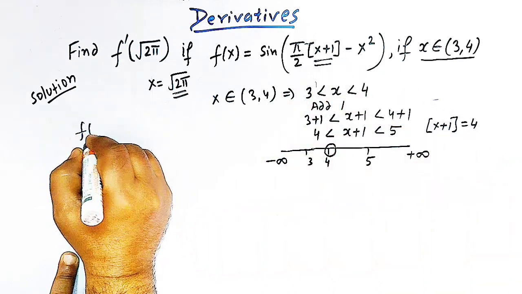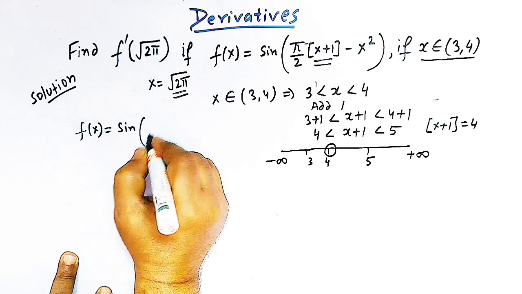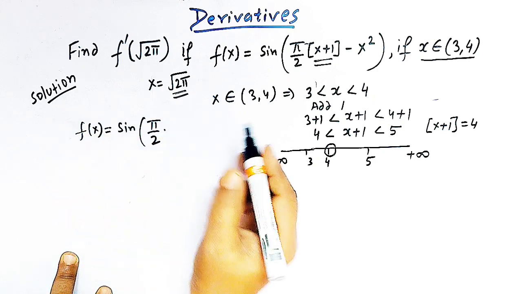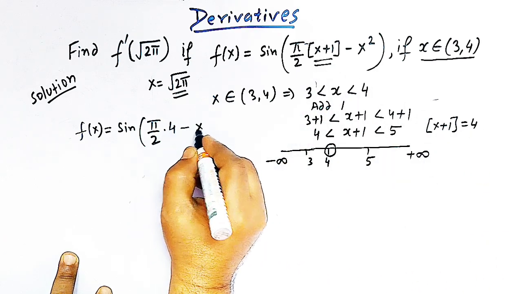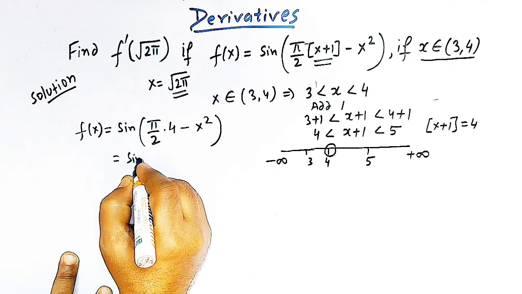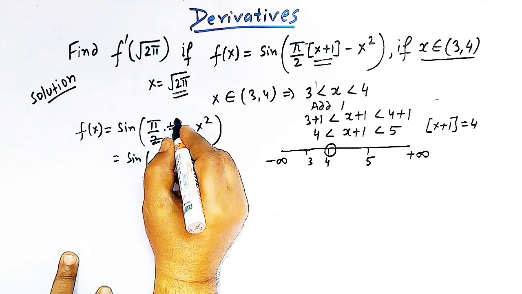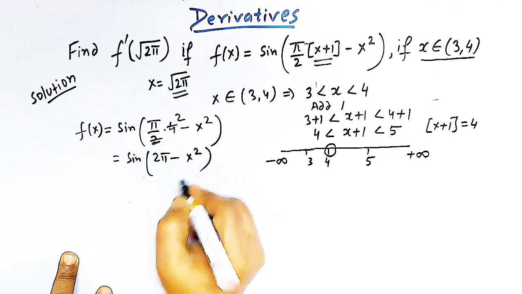So now we can write the function f of x as sine of pi by 2 times 4 minus x square. So this is sine of 2 pi minus x square.